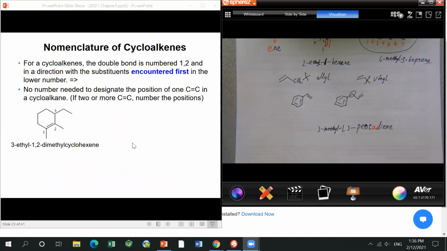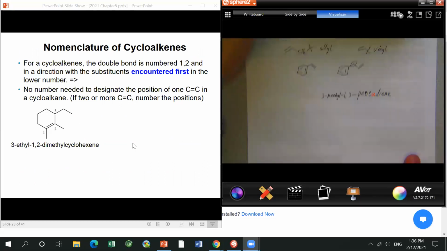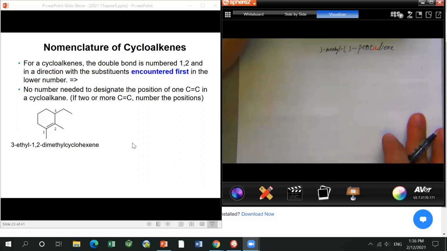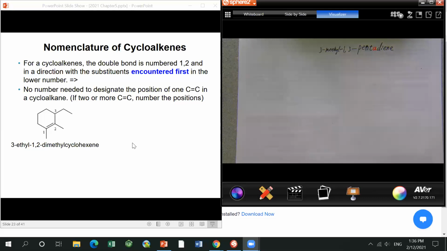All right. And next is the nomenclature for substituted cycloalkenes, where there's a double bond in the ring structure. How do we name it? That's actually not hard. If there's no substituent group, just change the ANE to ENE, so cyclohexene, cyclopentene, something like that.